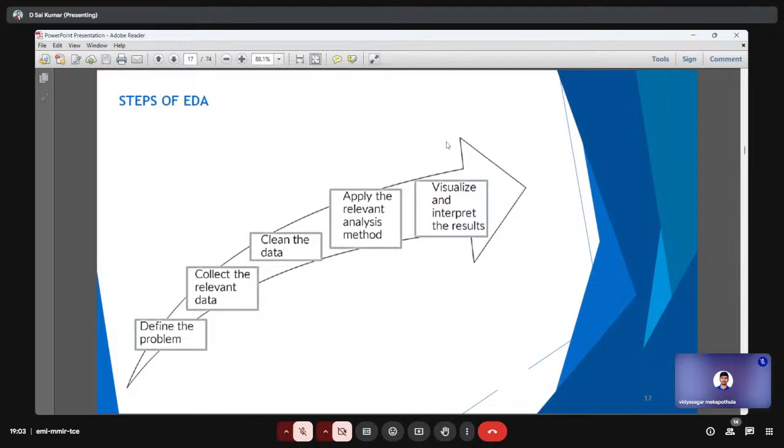Then we go with data cleaning. Once the data is pre-processed, it is still not ready for detailed analysis. We cannot stop our process at pre-processing.